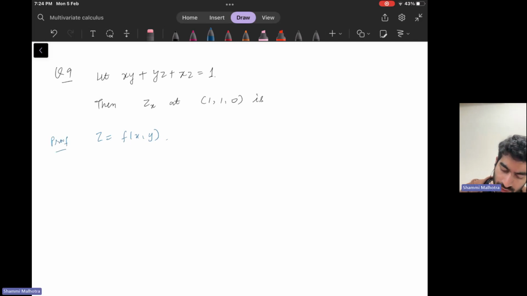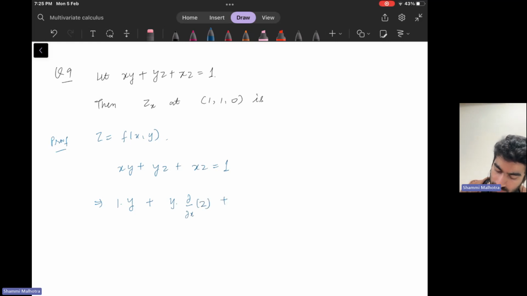If I differentiate xy partially with respect to x, this would be y only, because 1 times y. Then y, when I differentiate with respect to x, is independent and can be treated as a constant. So this will be y times del z by del x.